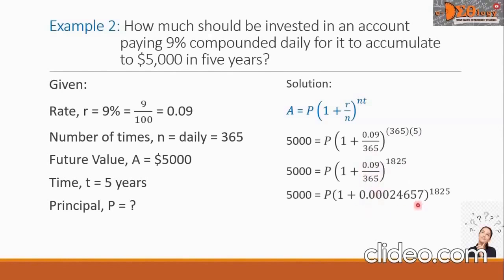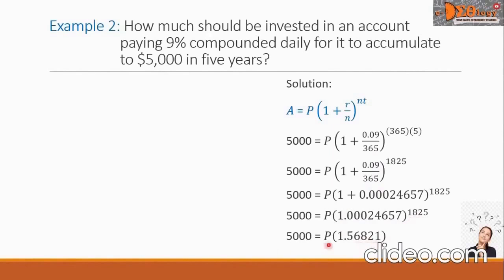Let us add this decimal with this constant 1. We will get 1.0002467. And this decimal must be raised to that exponent 1825. And the simplified value is 1.56821.